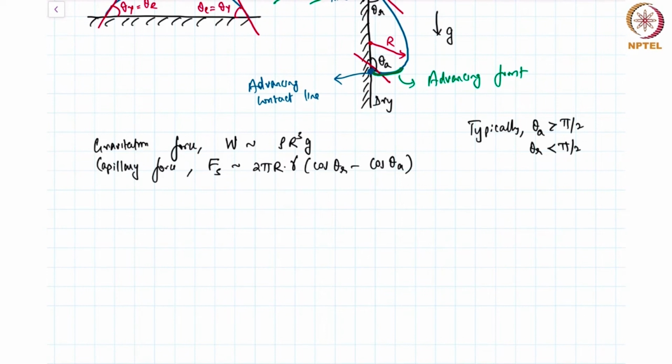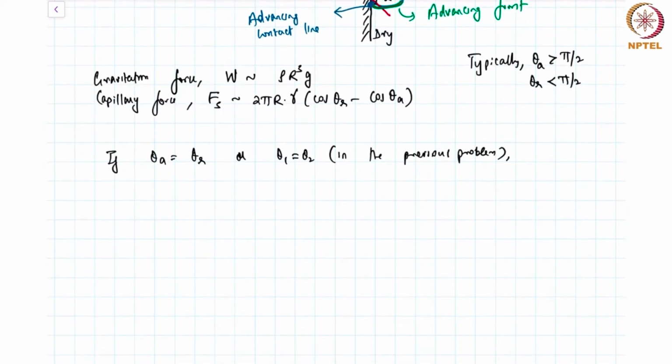Again we have the same thing. If theta a is equal to theta r, or theta 1 is equal to theta 2 in the previous problem, the force balance that we saw is not satisfied.